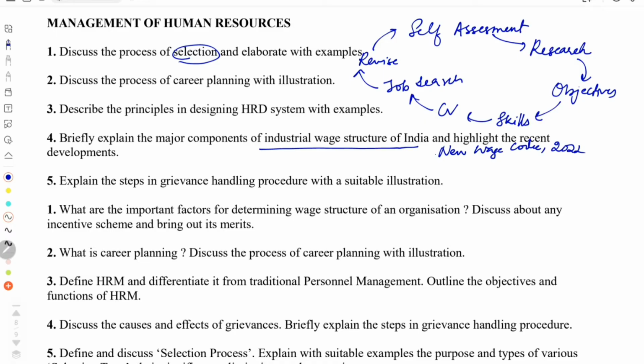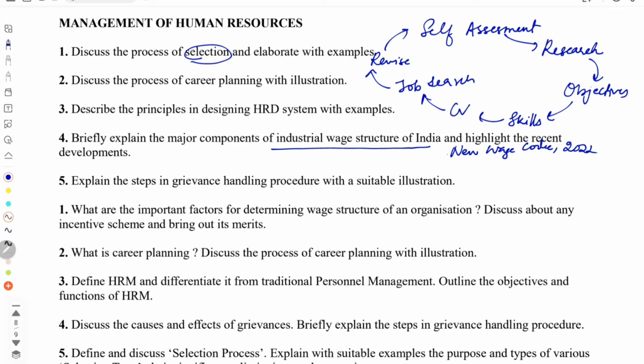So how do we define human resource management? Human resource management can be defined as the planning, organizing, directing and controlling of the procurement, development, compensation, integration, maintenance and separation of human resources to the end that individual, societal and organizational objectives are accomplished.